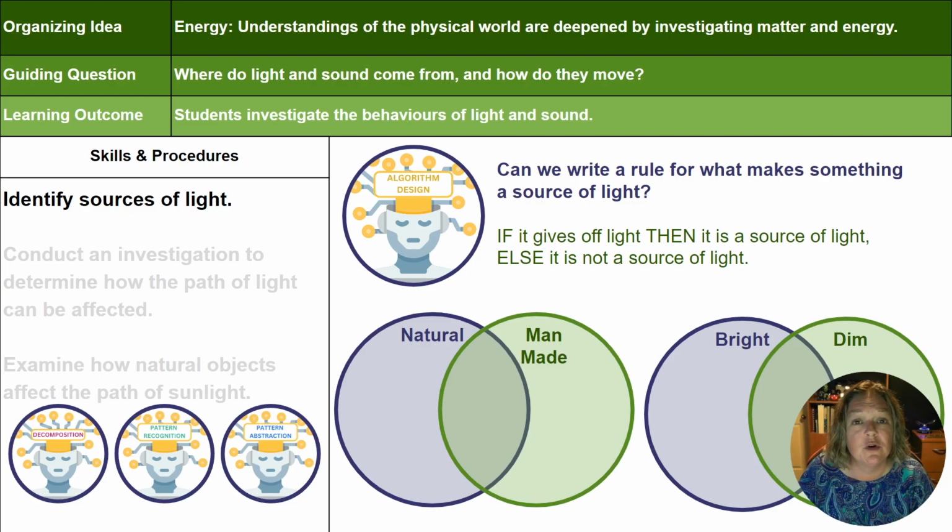Can you write a rule for what makes something a source of light? Could you write a set of instructions to tell a machine how to tell if something is bright or dim? And those formal or informal opportunities to do some algorithm design are going to hit some computer science outcomes and also help your students develop some really great critical thinking and problem solving skills too.